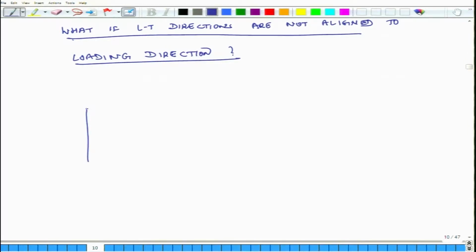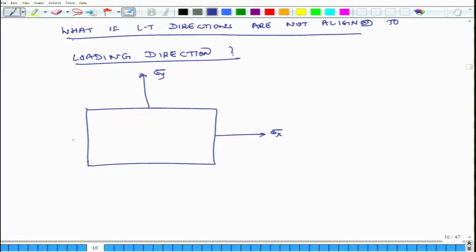In this case the picture would be something like this. This is my x axis, and along the x axis I am applying sigma x. This is my y axis, so I am applying sigma y, and I can also have shear stresses.